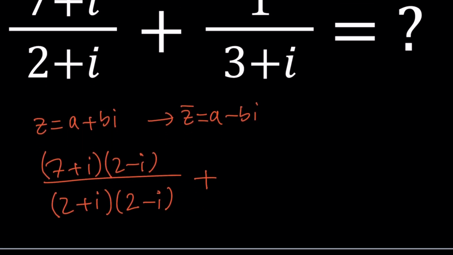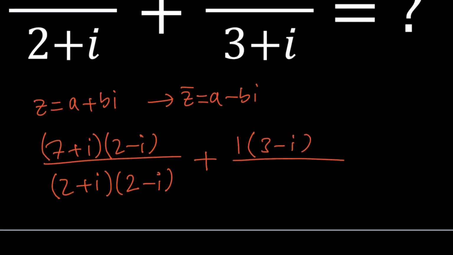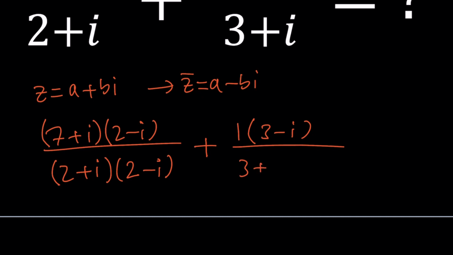We're going to multiply it by 3 minus i, which is the conjugate of 3 plus i. And at the bottom, we have 3 plus i, and that'll be multiplied by the same thing, 3 minus i. Notice that we could do this problem a little differently, which we could talk about in our second method. So let's go ahead and call this the first method.